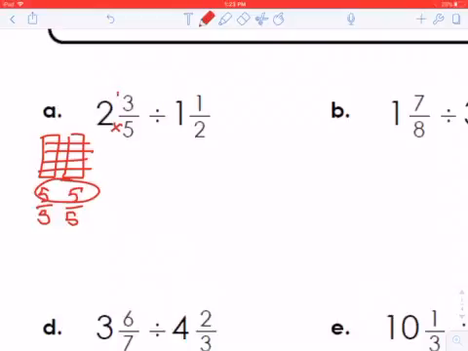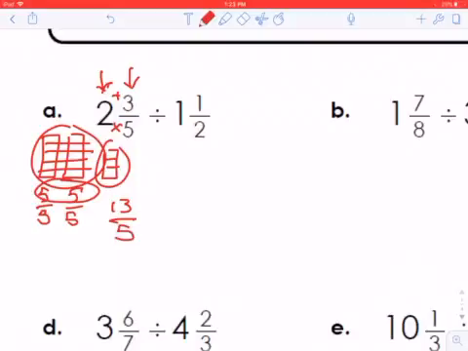But don't forget, I still have 3/5 added on, right? There are these 3 extra fifths that are sitting here. So there are 10/5 in two whole numbers, that's that. And there are 3/5 in that fraction, that's that. Altogether, that is a total of 13/5.